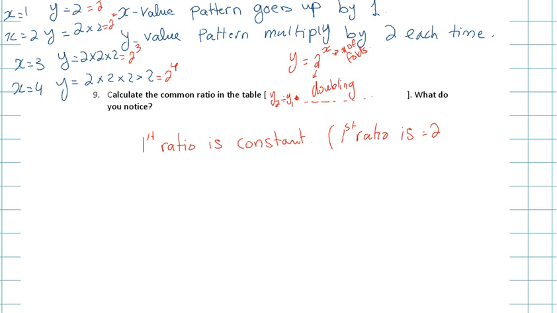So now we don't have quadratic, we have ratio. Now we have the ratio, and that understanding means it's exponential. Your exponent is the variable. That's why it's called exponential.